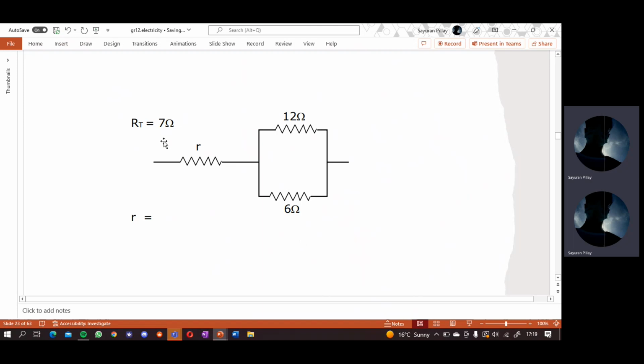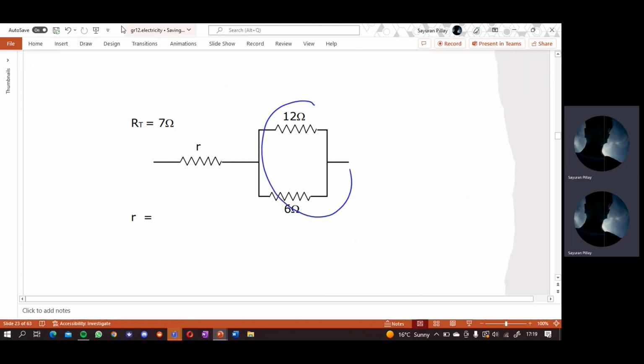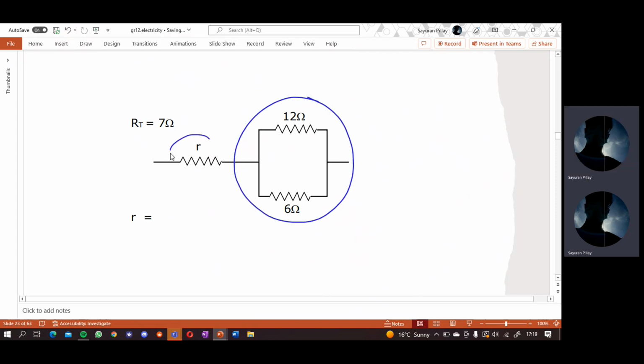Now they've given us here that the total resistance is 7 ohms, and they're asking us to calculate R. So this is quite easy. Again, do your rings. It's one ring. That's another ring here. So it's R plus whatever this parallel branch is, and that is equal to RT, so the 7. So 7 equals R plus R parallel.